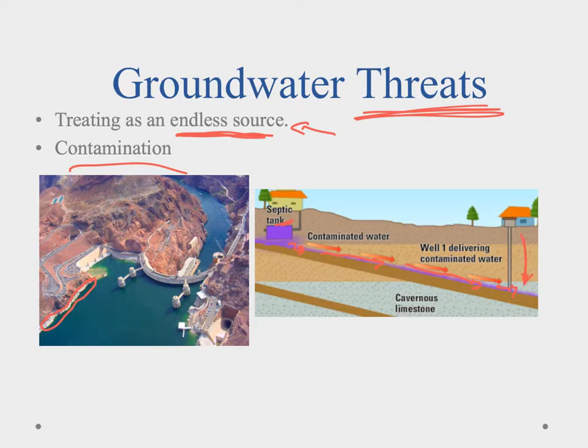It can be a septic tank, it could be a factory leak, or the big common one we're hearing about now, fracking. But what we're doing is contaminating the groundwater. It's going to find its way into the aquifers, and then that's going to contaminate the water supply for us. So we have to take care of the groundwater because, like we said with the aquifer so many times, this is how we get our water to drink.